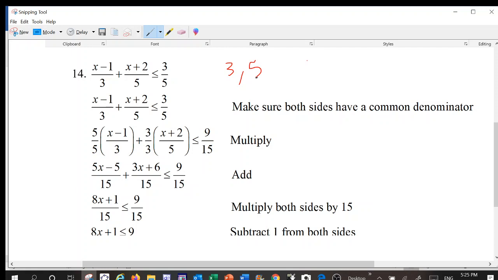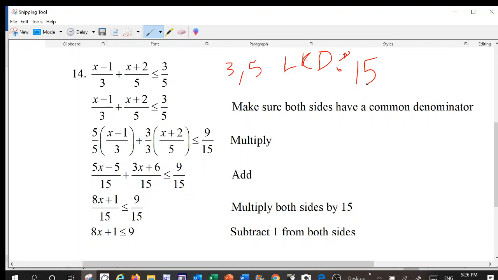And what is that number? 15. So basically what we do, we multiply the inequality by 15, and that is the least common denominator, it is going to be 15 in our case.